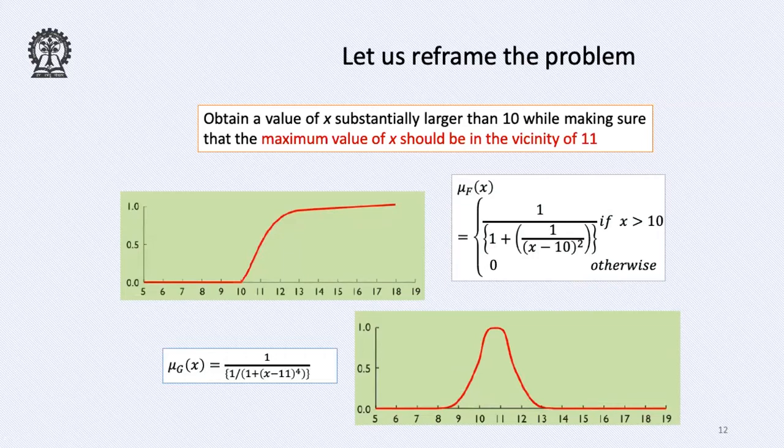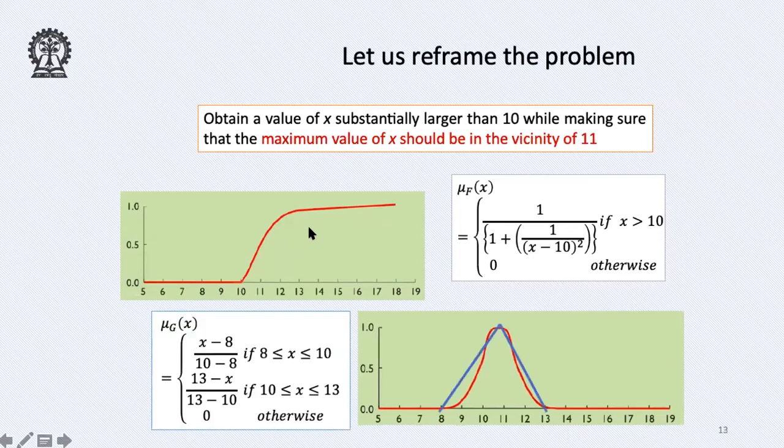You know, for a decision making problem, as I showed you before, when there is no fuzziness, generally the solution would be the intersection of the objective function, that the maximum value should be in the vicinity of 11. That's my objective function. And what is the constraint? The constraint is x substantially larger than 10. Therefore, that would be the intersection of these two.